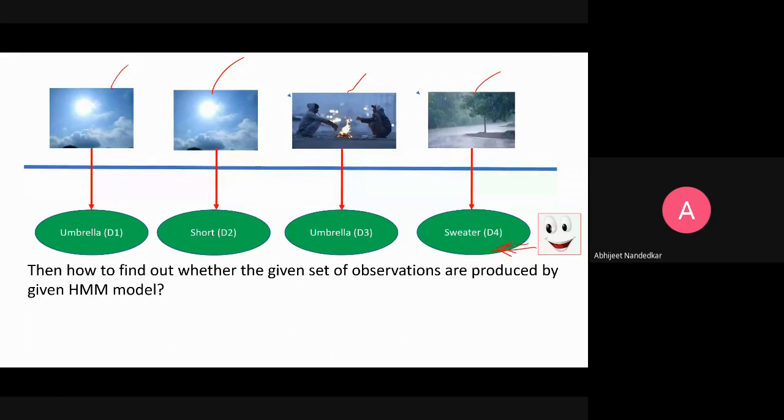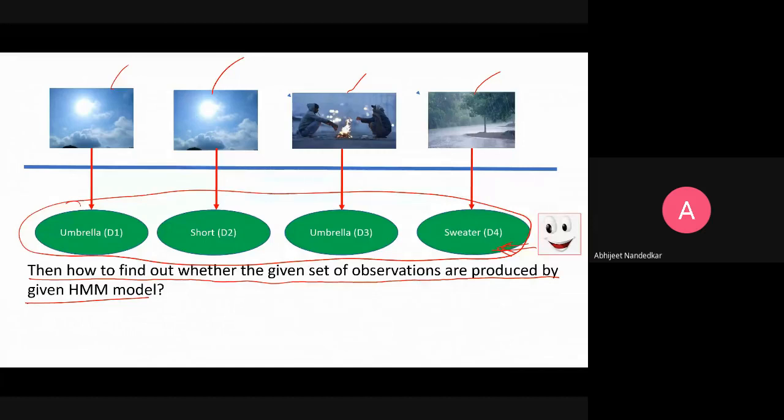Then the question is how to find out whether the given set of observations is produced by this given HMM, whether this sequence is produced by our model with A, B, and pi.